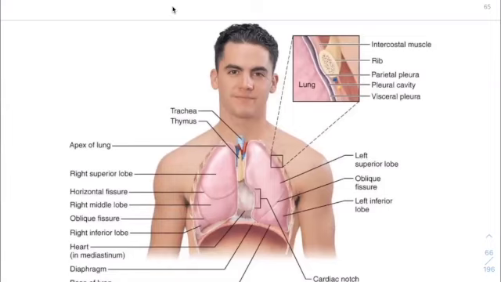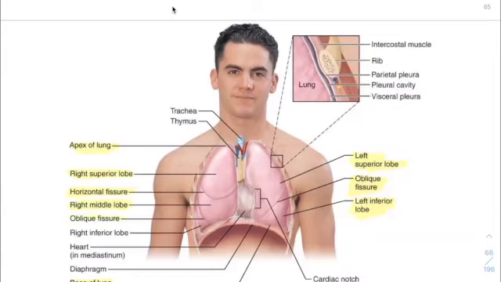So here are the lungs. On this left side, you see that superior lobe with that oblique fissure that separates the superior lobe from the inferior lobe. The apex is all the way up at the top, and the base is at the bottom. It sits on the diaphragm. On this right lung, we have a superior lobe with a horizontal fissure separating that superior from the middle lobe.